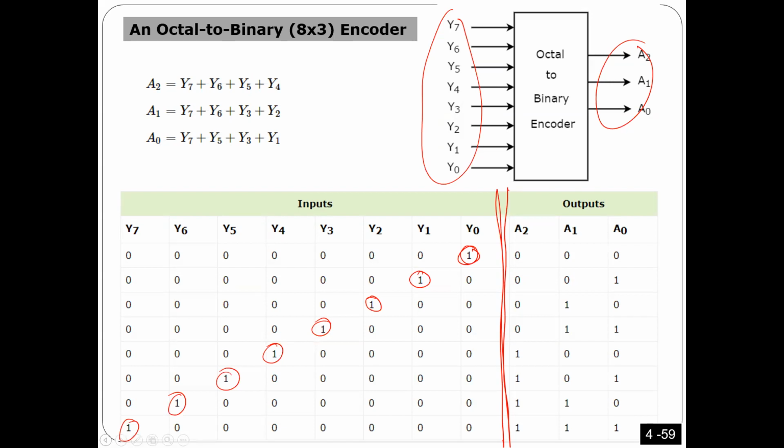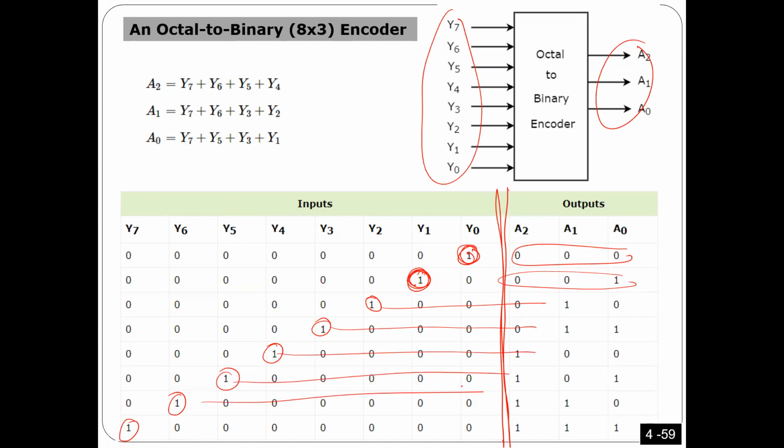Then, if this one is 1, the output has to be number 0. If the 1 is here, this one has to be number 1 in binary, then number 2, number 3, number 4, number 5, 6, and 7. Is that okay? It's easy, right? It's easy to create the truth table.